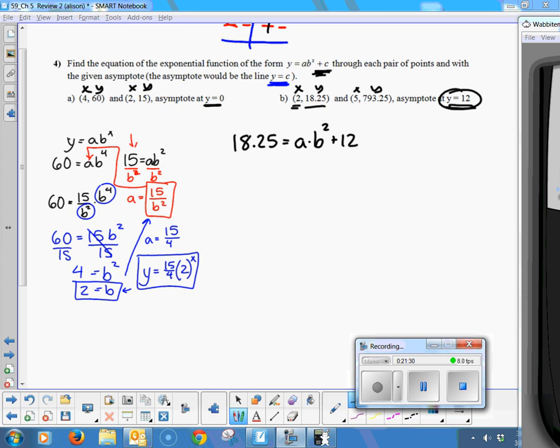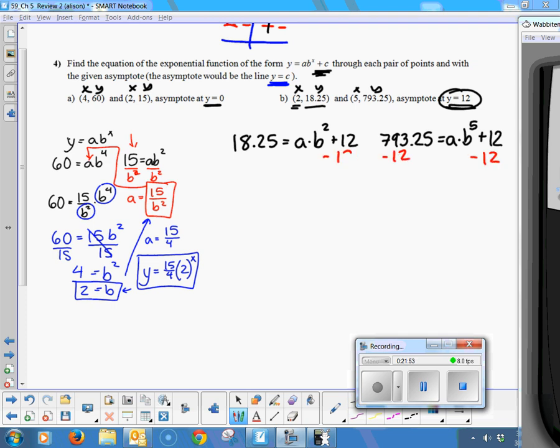Okay. And then my other equation is, oh, fun, 793.25 equals a times b to the fifth, also plus 12. Now, don't freak out about the plus 12, because we can make it go away. We can make it go away by just subtracting 12 from each side.